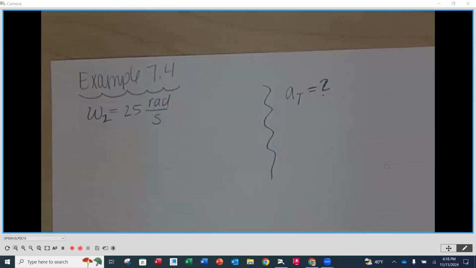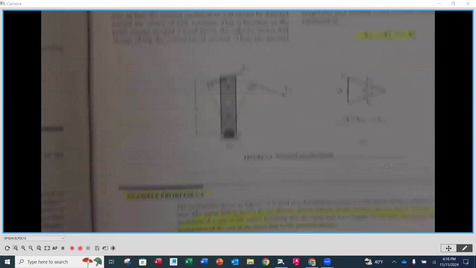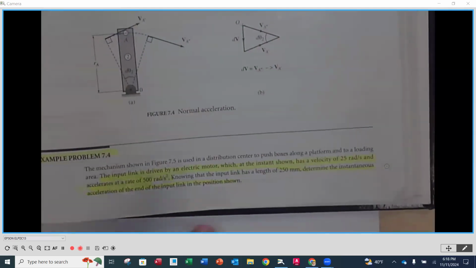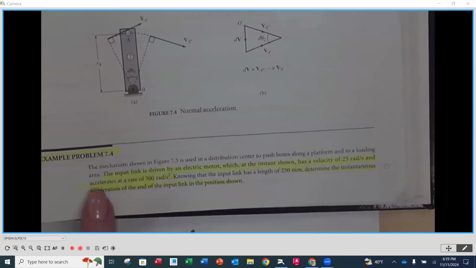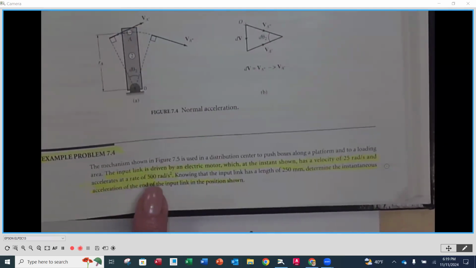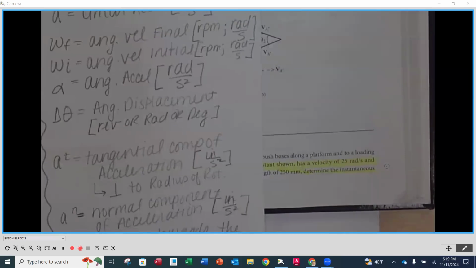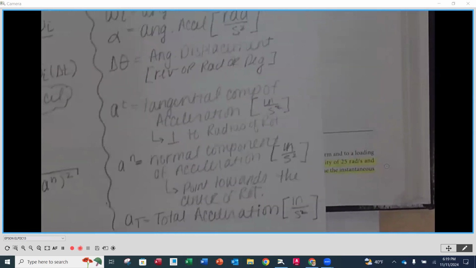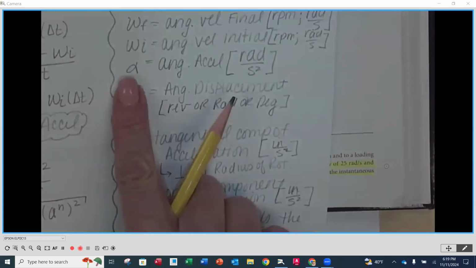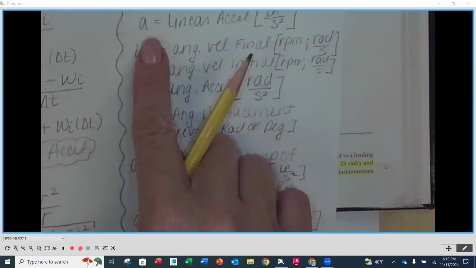Then the other one that we have in the problem statement says it accelerates at a rate of 500 radians per second squared. That is not straight line acceleration. This is angular acceleration because of the units. If we look back at our equation sheet, angular acceleration is the alpha, not the lowercase a.